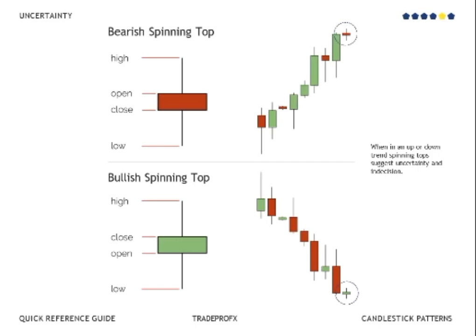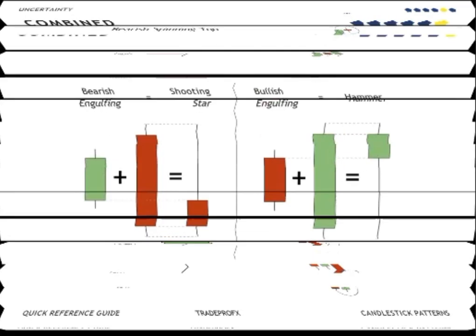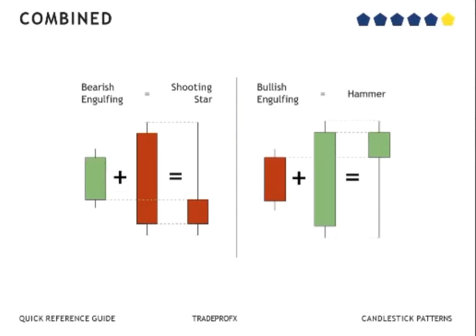Next, let's talk about the next candlestick patterns, and we will talk about some of the combined patterns and their equivalents, how they normally behave. Just stay with me here as we navigate to this combined bearish engulfing, which results in a shooting star.